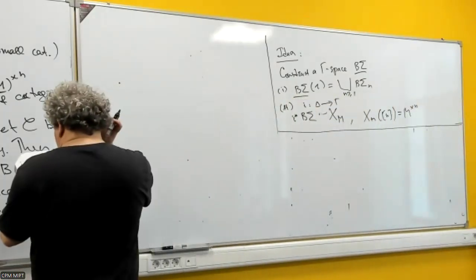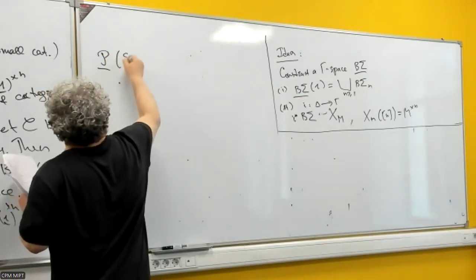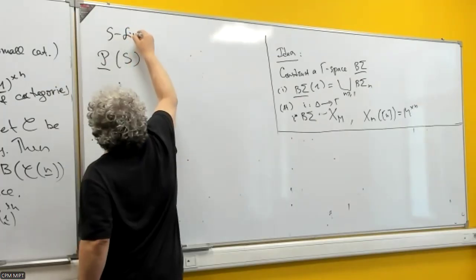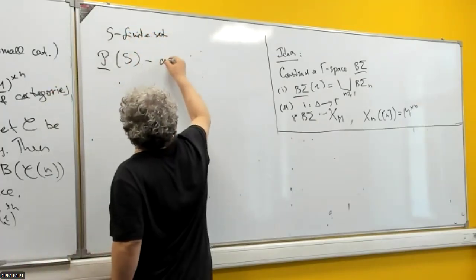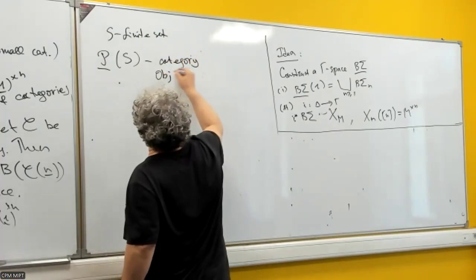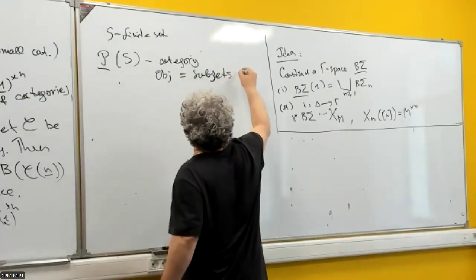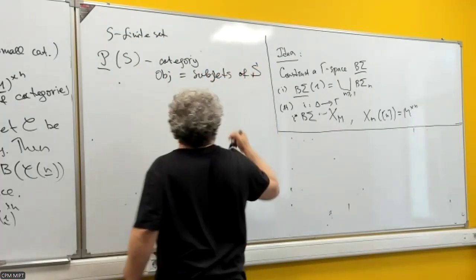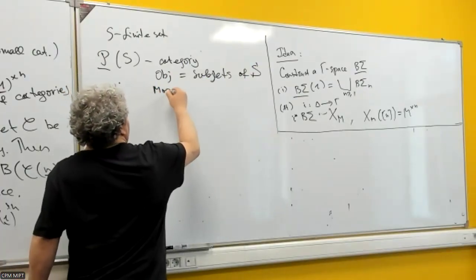So how is it defined? We consider P underline of S, for S a finite set, the category whose objects are all subsets of S, including the empty set and the entire S, and whose morphisms are inclusions.